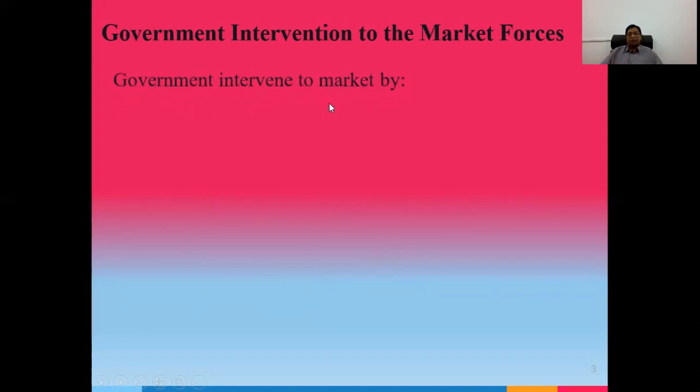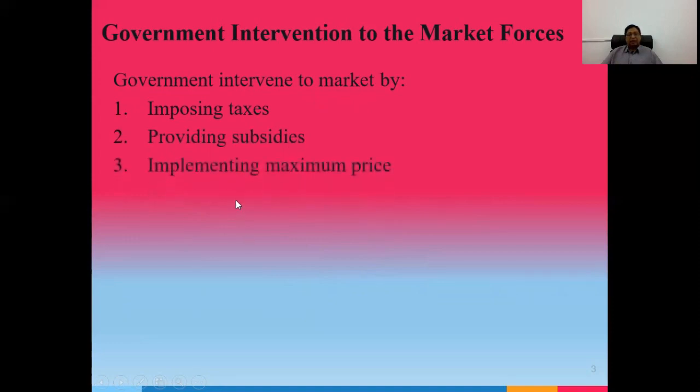Government intervenes in the market by imposing taxes, by providing subsidies, implementing maximum price, implementing minimum price, and there are other methods of government intervention such as introducing production quota, imposing tax on imports, and imposing quotas on imports and exports as well.